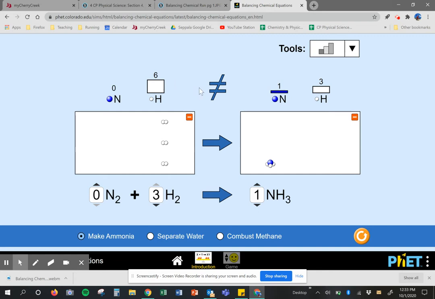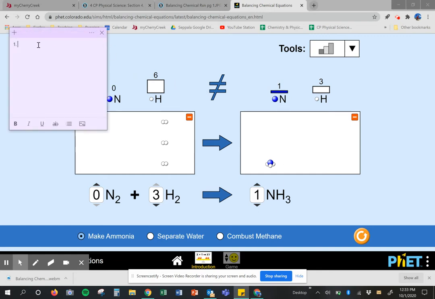Okay? So, number one, you can use the scales or the bar graphs. Another way you could do this is simply by counting the atoms in the white boxes.